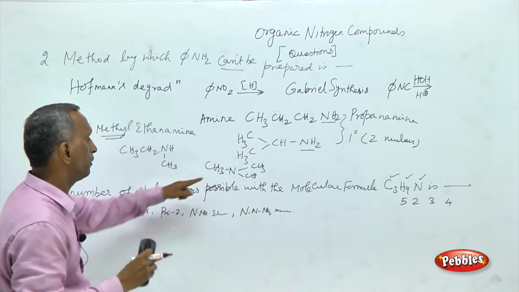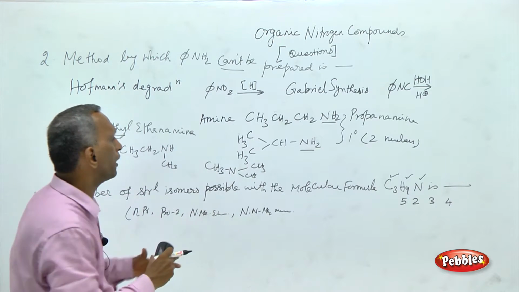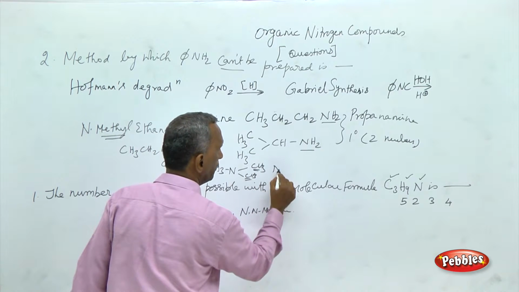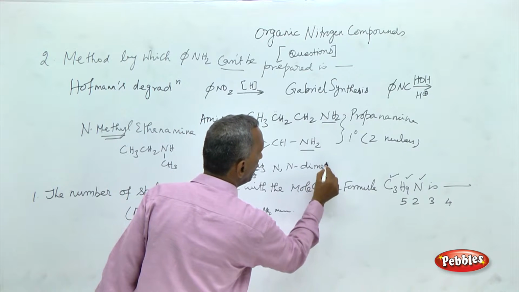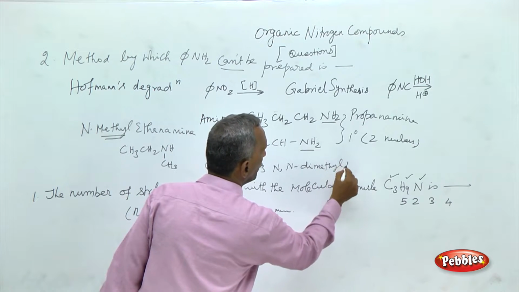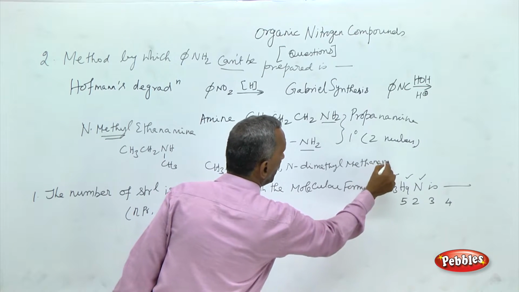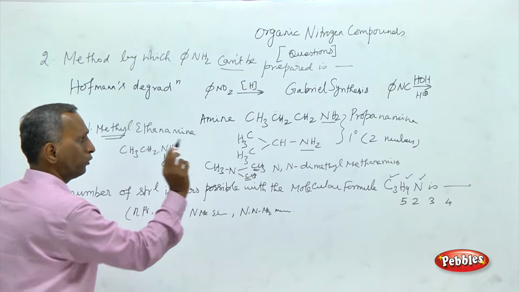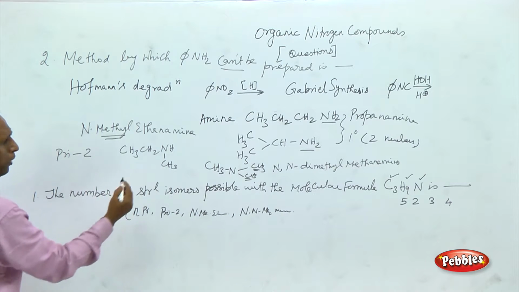CH3NH2 is methanamine. In this methanamine, on the 1 nitrogen itself, 2 methyl groups are there. This is called N,N-dimethyl methanamine.